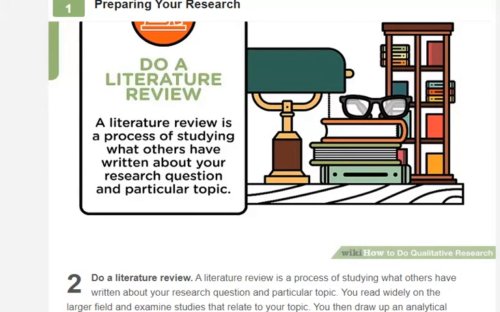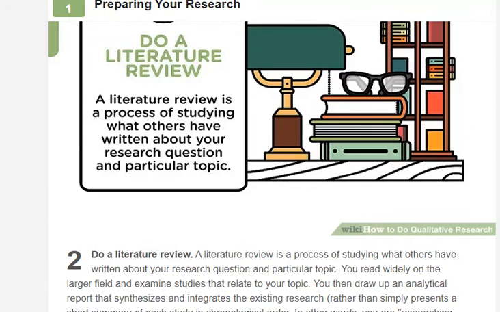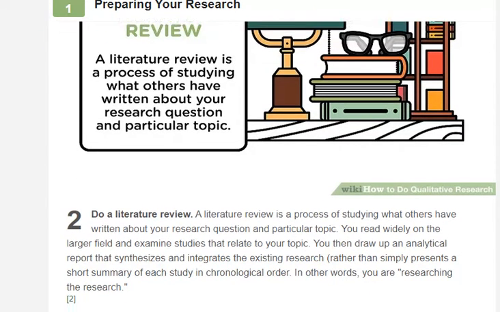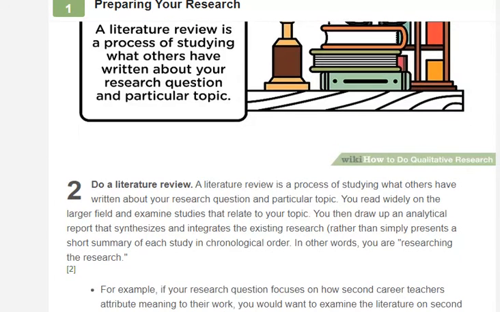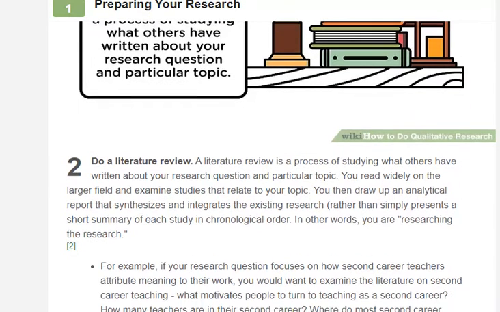Do a literature review. A literature review is a process of studying what others have written about your research questions and particular topic. You have the background studies and previous studies related to your topic, and in any other perspectives related to your study phenomena, which may have been conducted previously or not.